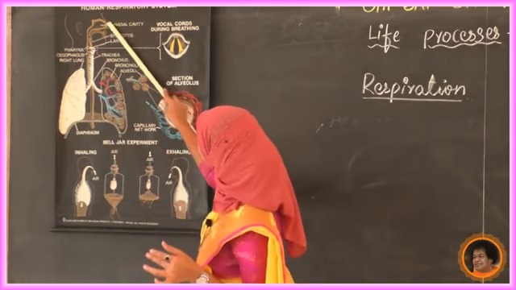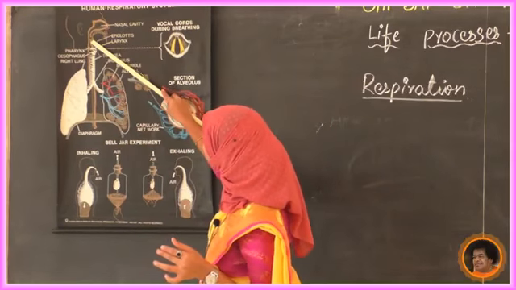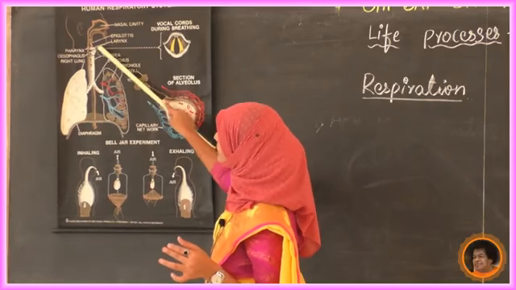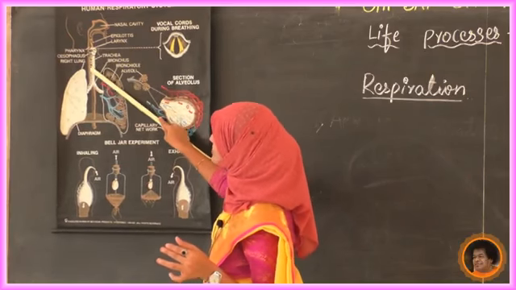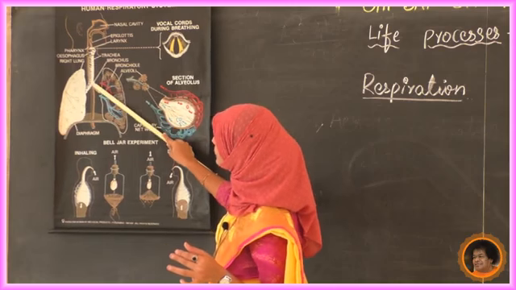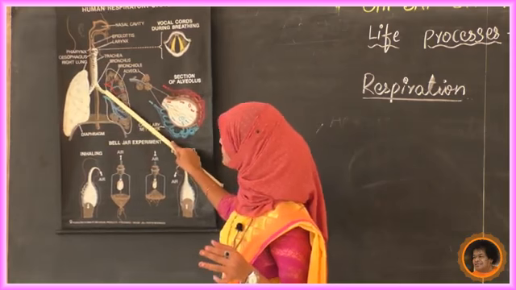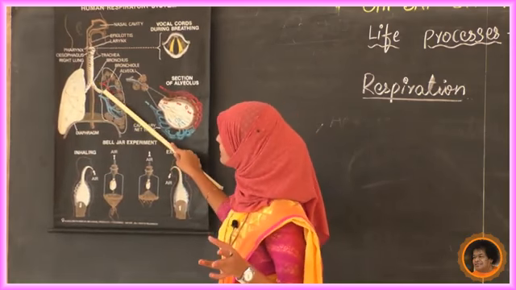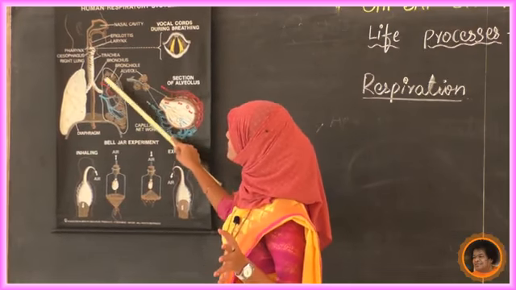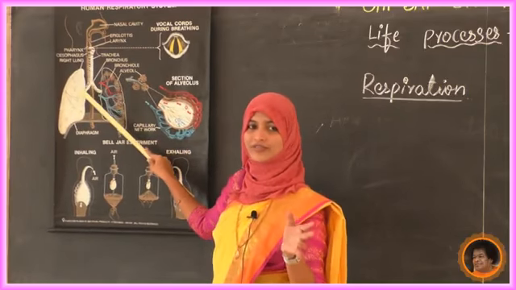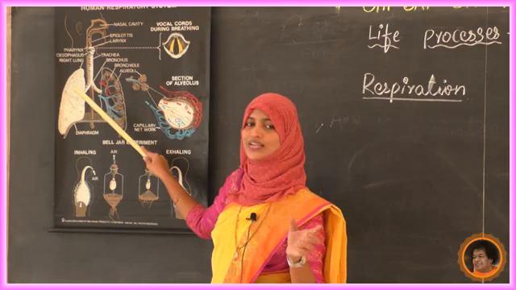See, after the nasal cavity, it leads to the larynx. Next to the larynx, the trachea. After the trachea there will be a bronchus. Here you can see the branches, no? Next it leads to this, see here there are two bronchus.